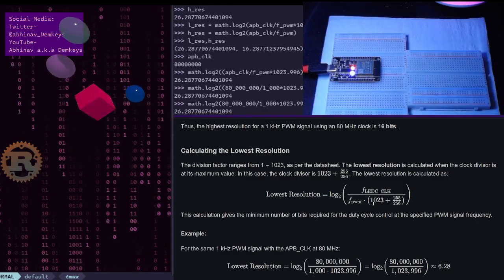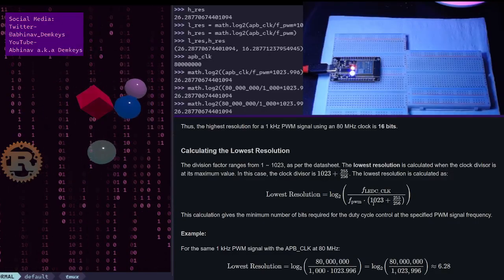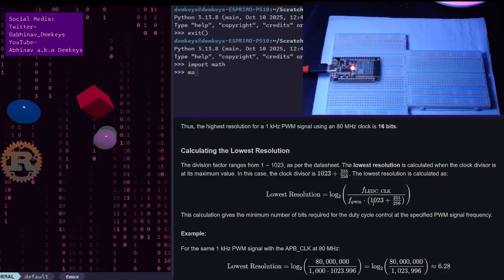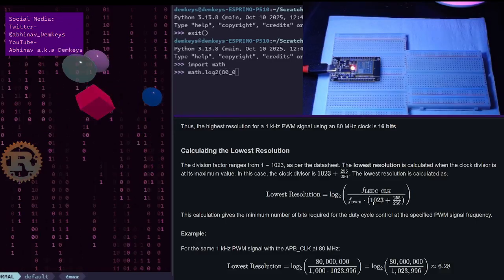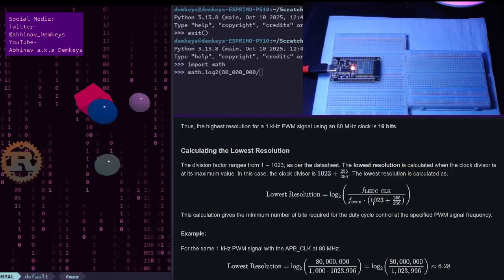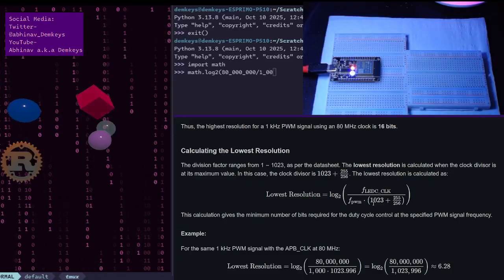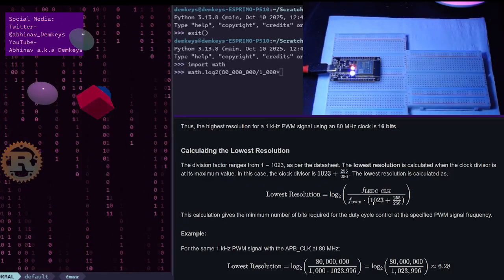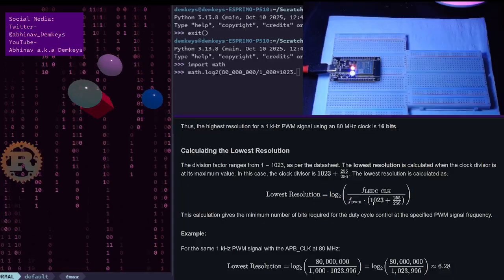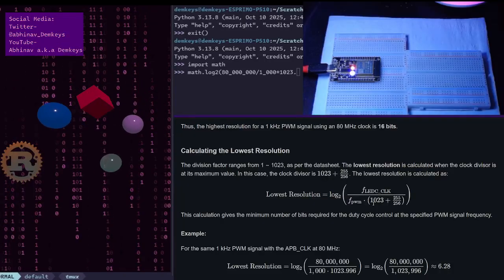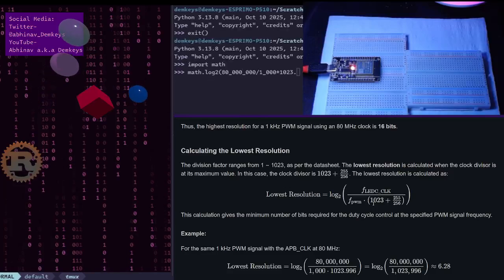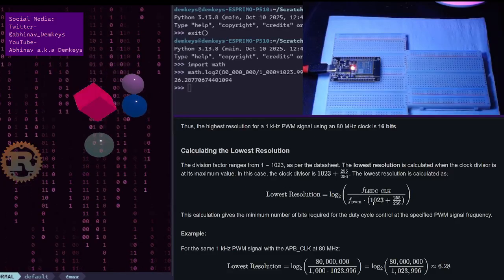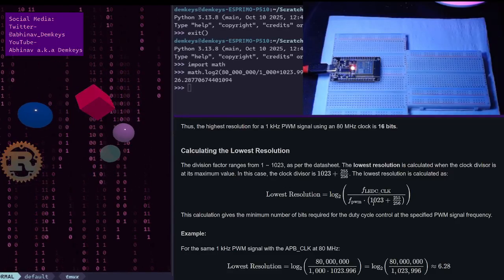So we're going to try doing this now. math.log2, 80 million divided by 1000 multiplied by 1023.996. Nope. Okay, it's not what I thought it was.